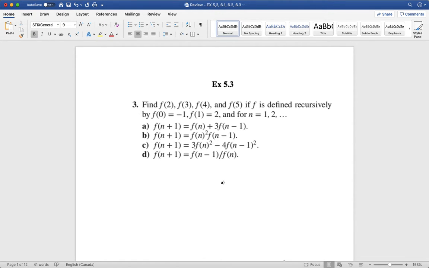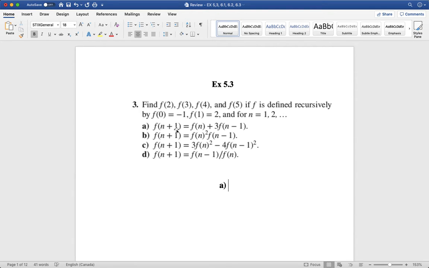Let's take part A. We know that f0 is equal to -1, f1 is equal to 2, and for n equals 1, 2, we have to find the value for f of n plus 1.